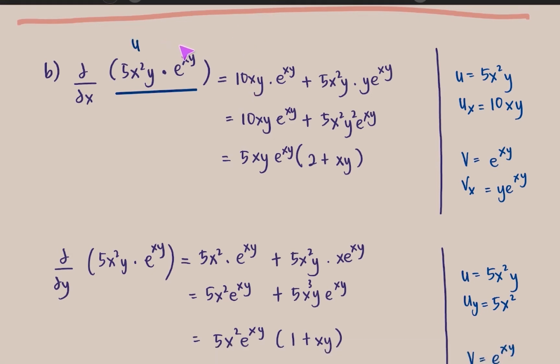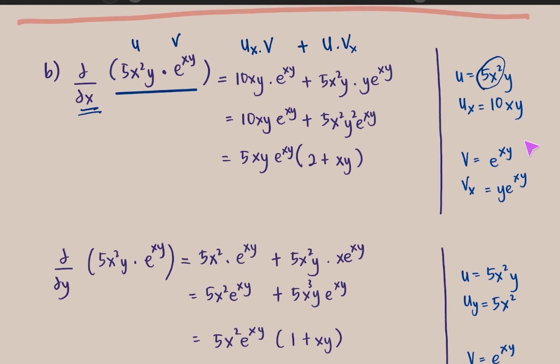Let this one equal to u and this one equal to v. As you can see here, u equal to 5x squared y and v equal to e^(xy). And here, the product rule is ux times v plus u times vx, because we differentiate with respect to x. So ux is equal to 10xy because we differentiate this one with respect to x. So we have 10x, y is a constant.